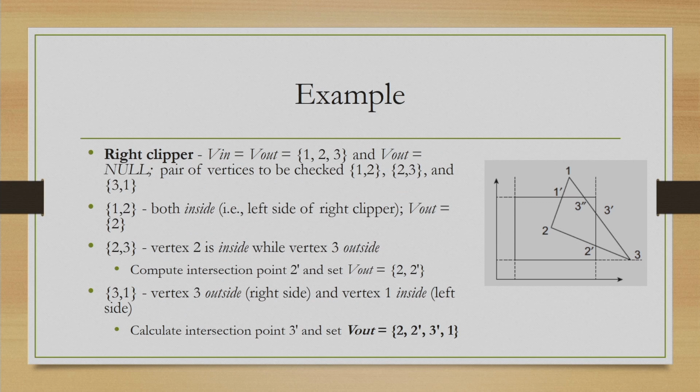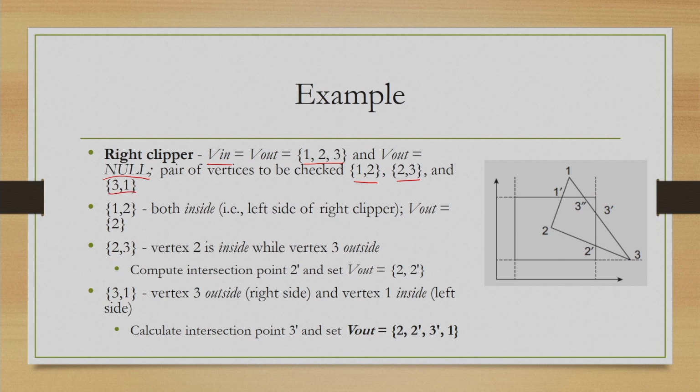Now, let us check against right clipper. So, now the input vertex list is 1 2 3, same, and initially V out is null. The pairs of vertices to be checked are 1 2, 2 3 and 3 1, all the 3 edges.